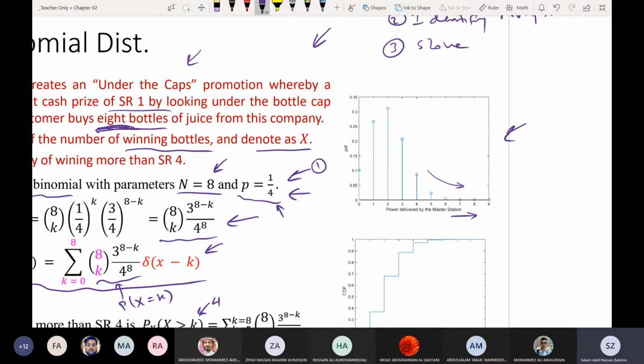So usually it peaks at np, which is 8 multiplied by 1/4. It's 2. The peak of the distribution is usually at np, at k equal np. And then it dies off. Is that clear guys?